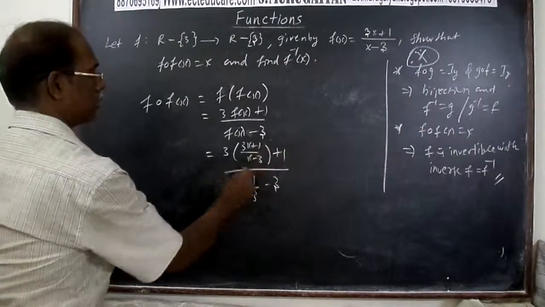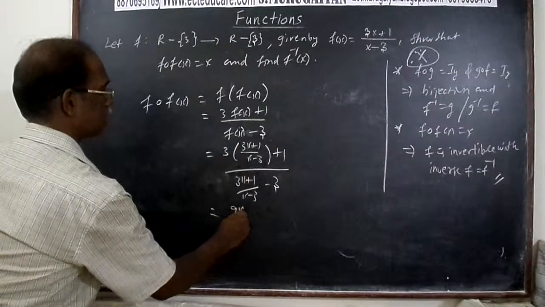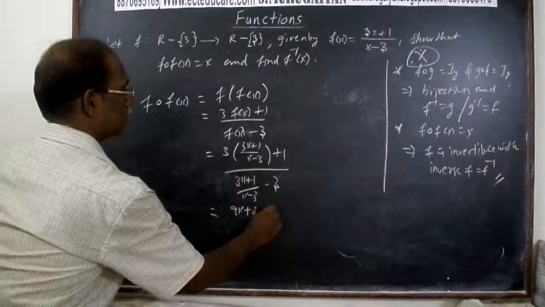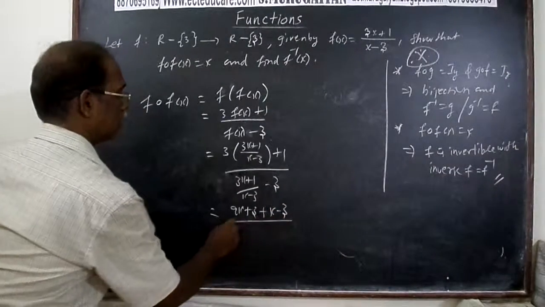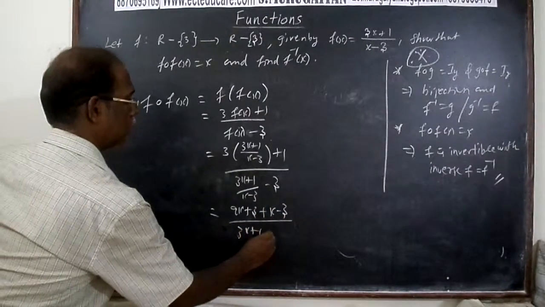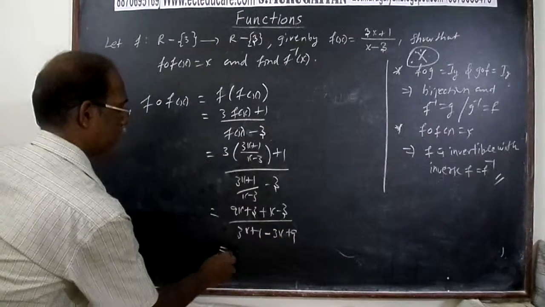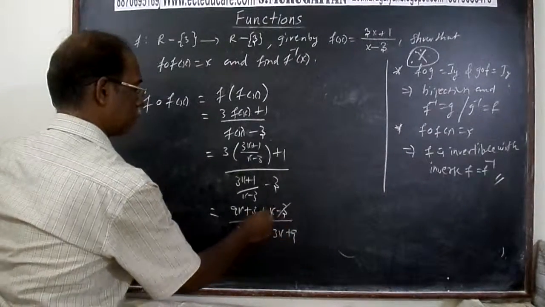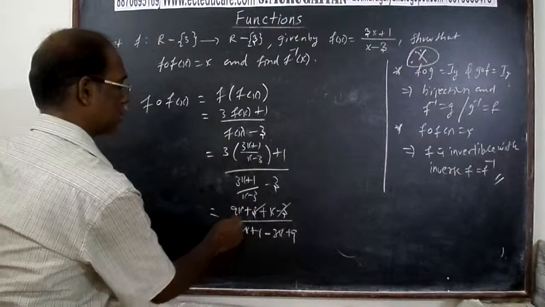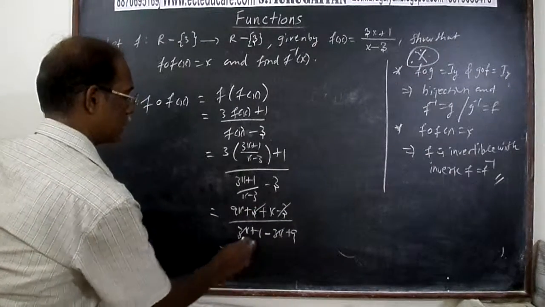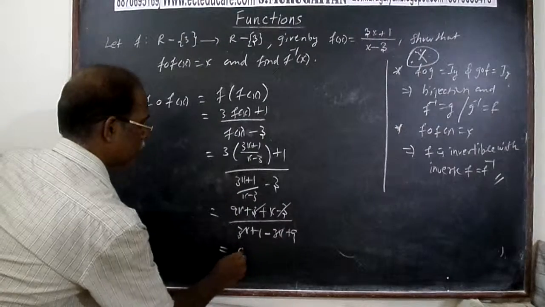Dear student, just to simplify: 3 times 3x is 9x, plus 3, plus x minus 3; here 3x plus 1 minus 3x and plus 9. So finally, minus 3 and plus 3 cancel, all x terms cancel, 9x plus x is 10x, 10x by 10x.